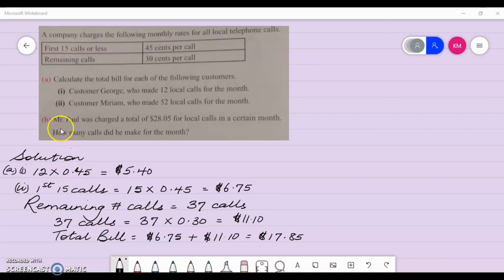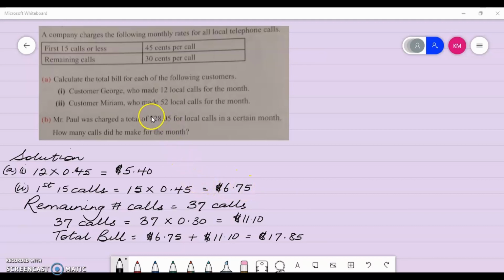So let's look at part B. Mr. Paul was charged a total of $28.05 for local calls in a certain month. How many calls did he make for that month? Now, if we look back at that part A, we are going to see that the first 15 calls will actually total $6.75.